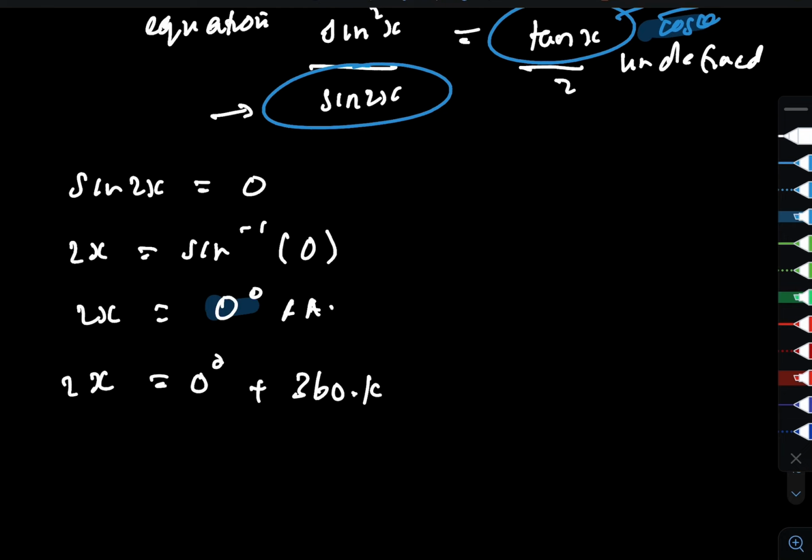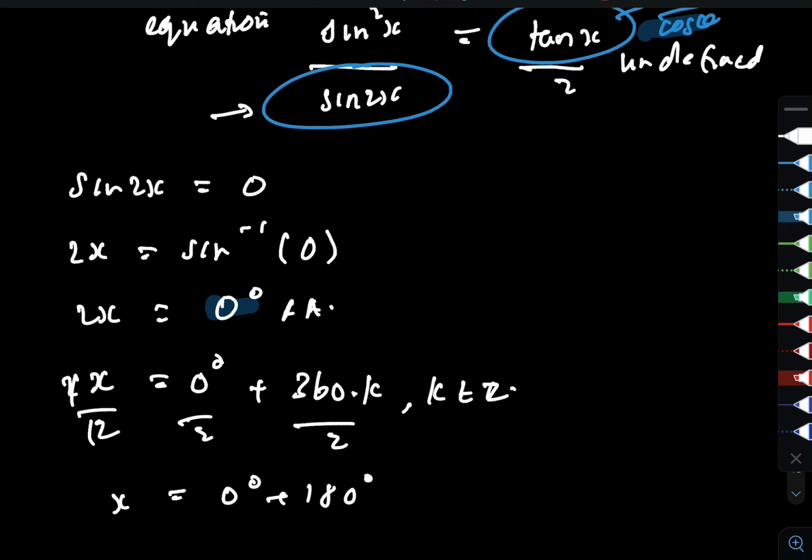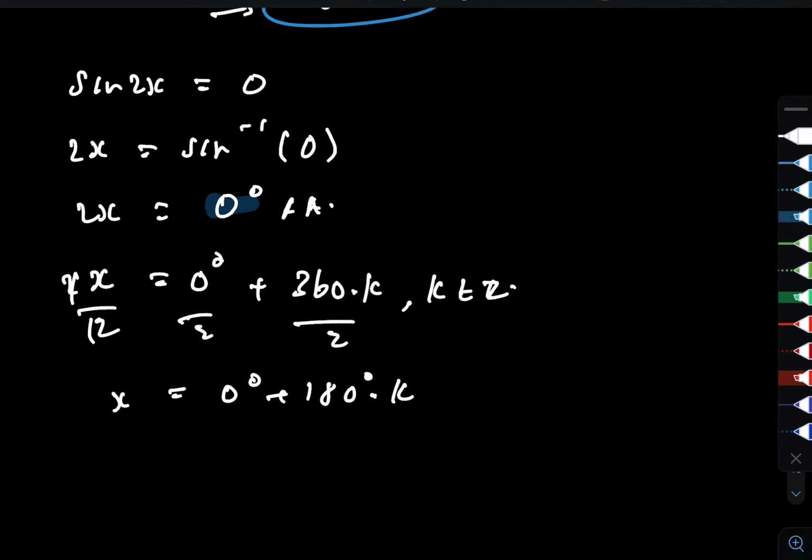This is when it's 2x anyway, because then I'm going to have to divide by 2. And k is an element of integers. Now dividing by 2, x therefore will be 0 degrees again, plus 180 times k. Now the other one is where you have to take your 180 degrees and subtract the 0, in which case you're going to have the same thing.